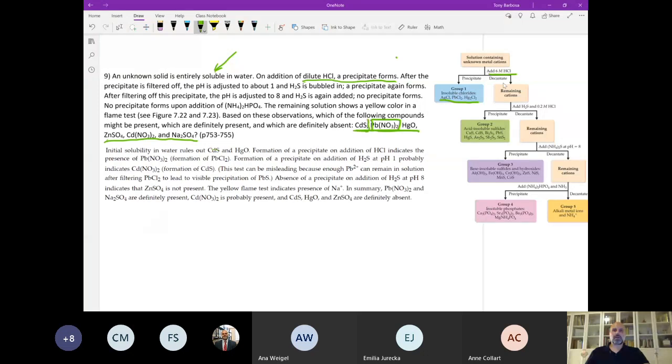But cadmium sulfide and mercury oxide are two compounds that are not soluble in water, so they're initially ruled out as well. These two are ruled out based on what we learned from last semester.